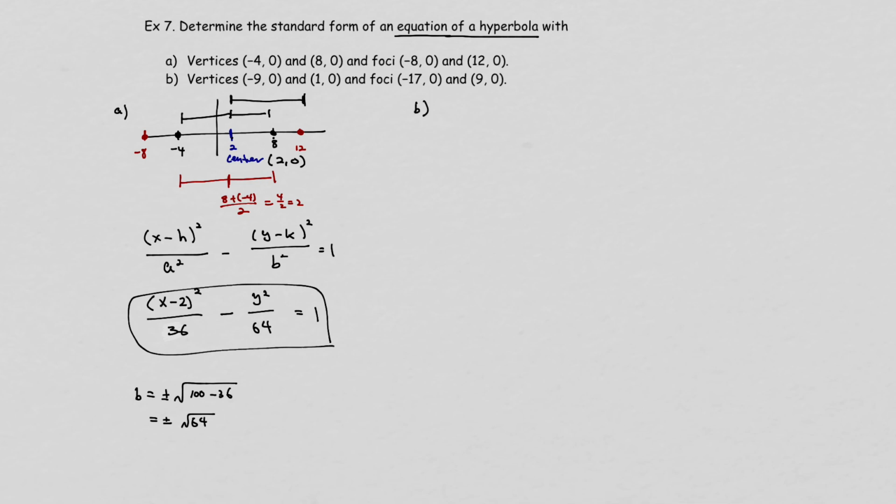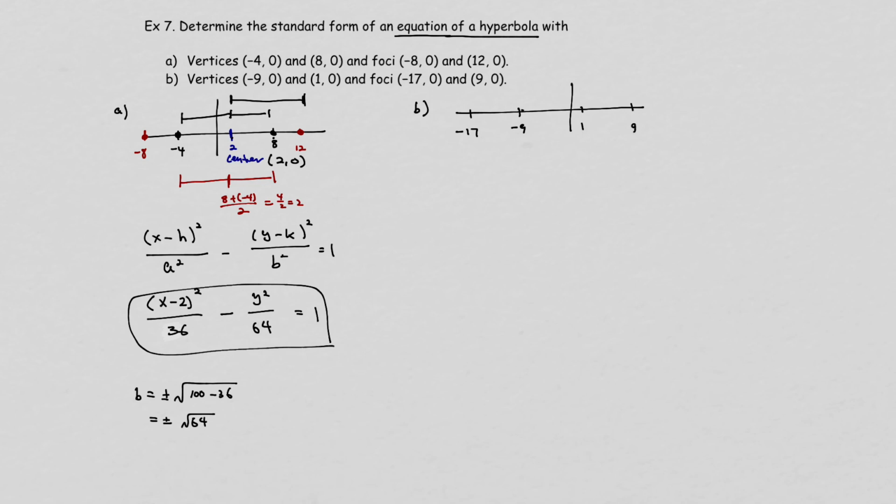And for B, let's do one more time with all the changes on the x. And it looks like you have negative 17, negative 9, 1, and 9.